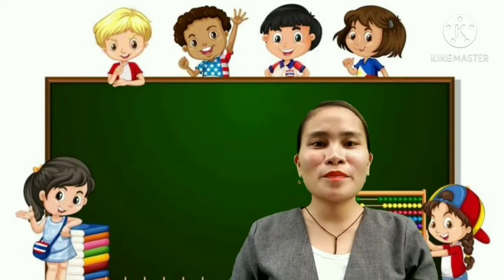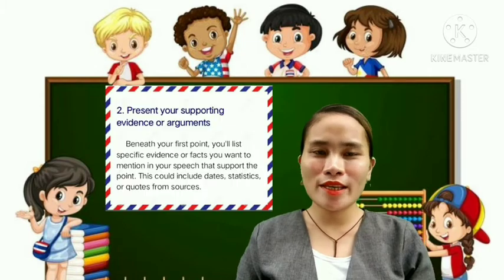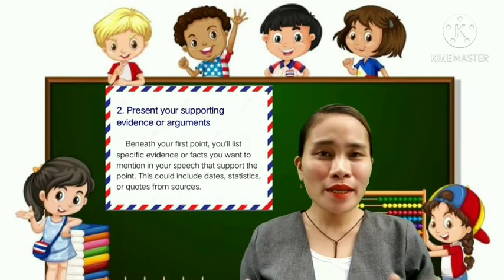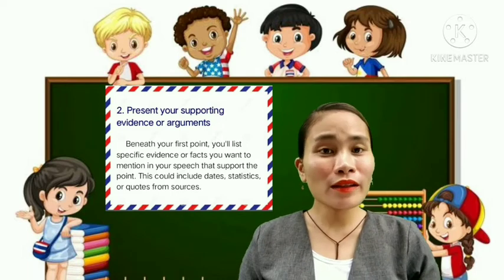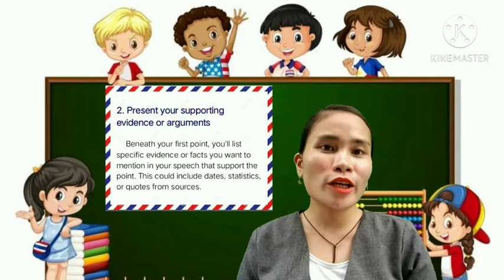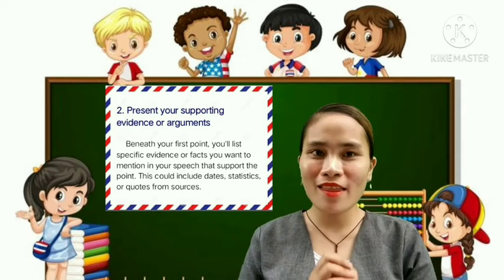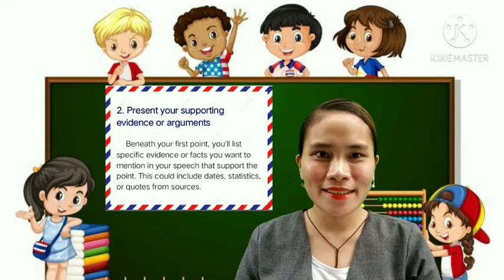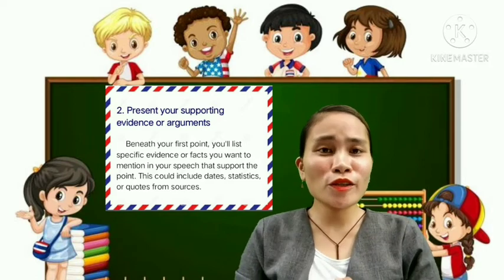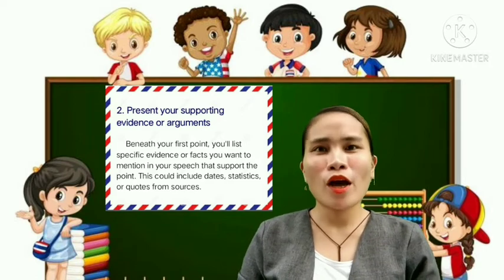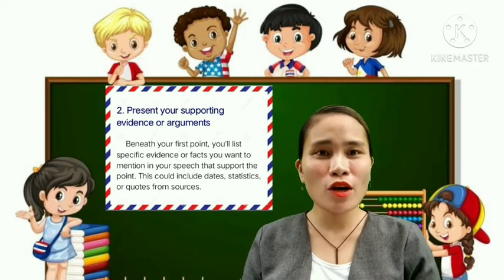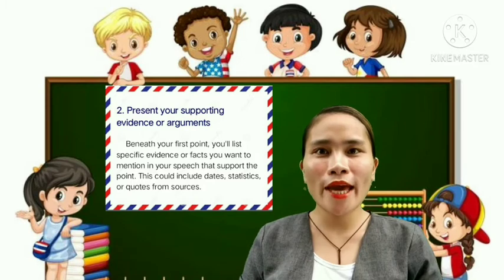Second, in building the body of your speech is present your supporting evidence or arguments. Beneath your first point, you list specific evidence or facts you want to mention in your speech that support that point. As with the points themselves, with your evidence, you typically want to start with the strongest or most important subpoint or piece of evidence and move down.